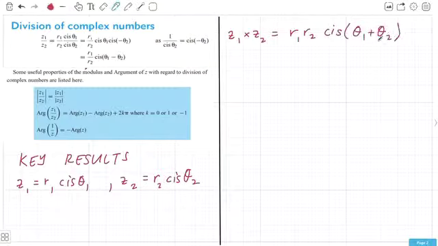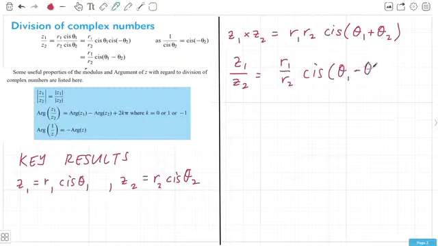So multiplying is adding. If we divide those complex numbers, we divide their moduluses and we subtract, whichever one is on the top, we subtract the angle of the one that's underneath. So they're the two key formulas that you want to get out of this one for multiplying and dividing complex numbers.